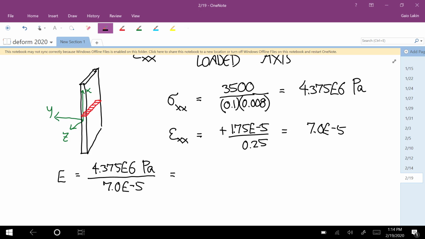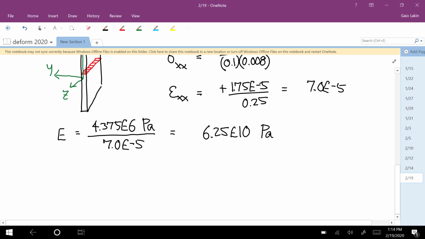Anybody have that? 6.25 times 10 to the 10th. And the key thing here that I was just talking about is that the units are pascals. And so just be careful with the units.